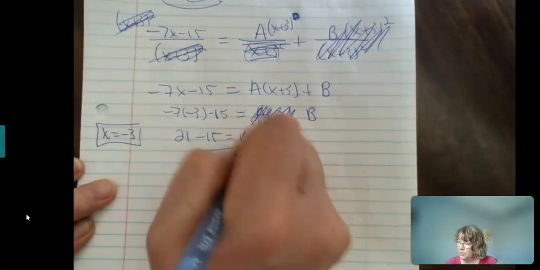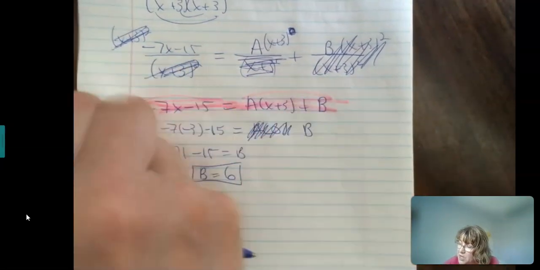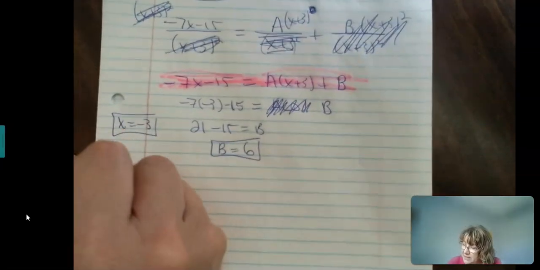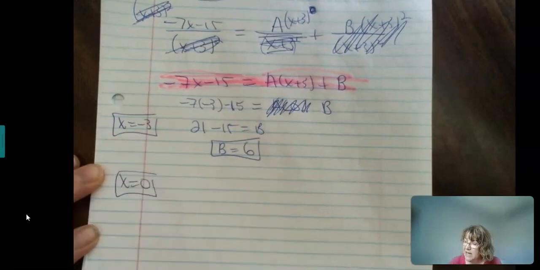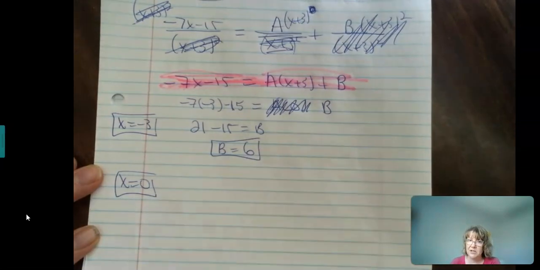B is 6. Now the problem is I do not have any other friendly numbers. x equals -3 is the only one that causes 0 there. So what you can do is pick any other number you want. I'm going to pick 0 because I think x equals 0 is nice. It's not going to make anything equal 0 as far as canceling stuff, but it's going to be fine to work with.